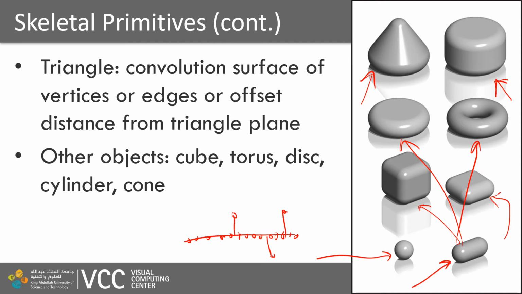So these all can be skeletal primitives in the implicit modeling framework. For each, we need to have the distance measure, and then we need to have a certain kernel which defines our falloff function.